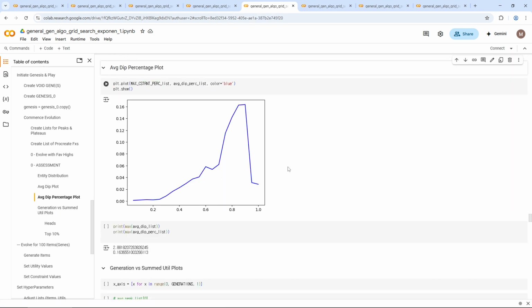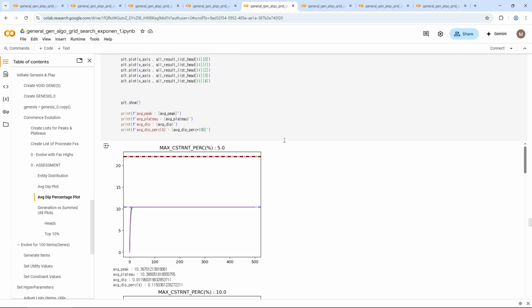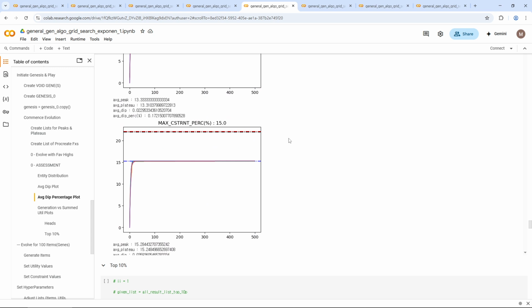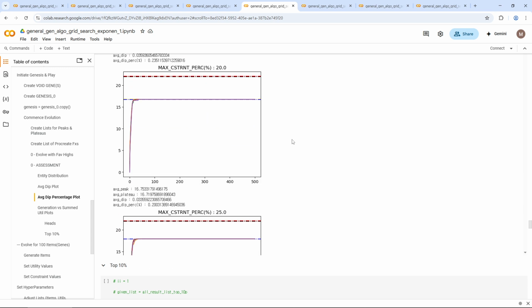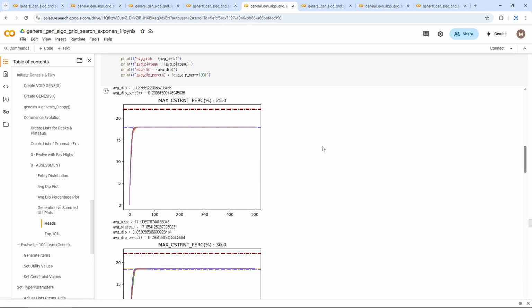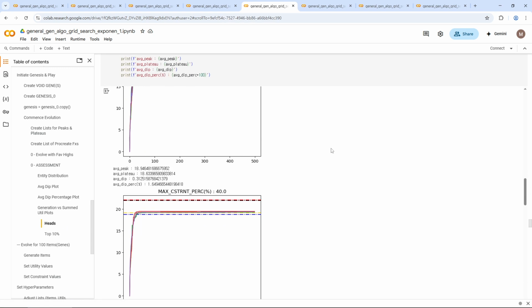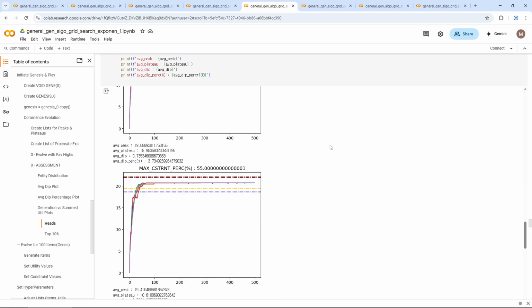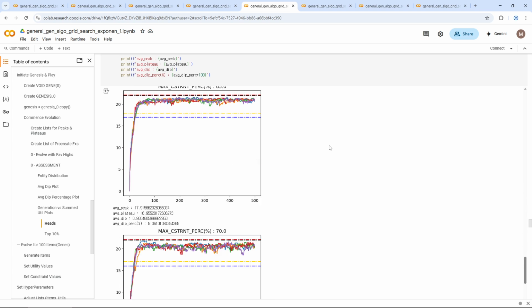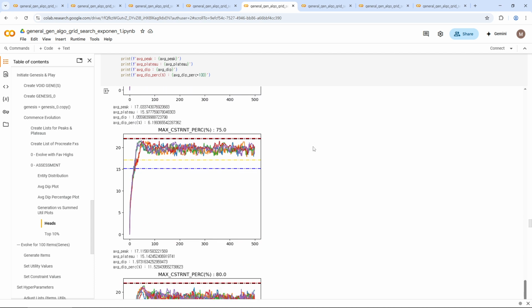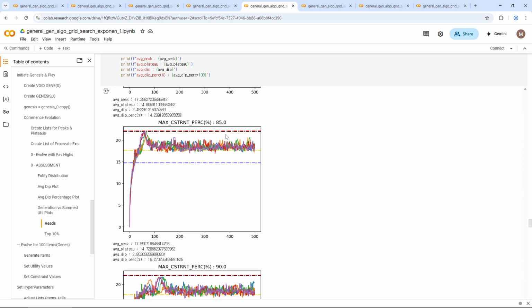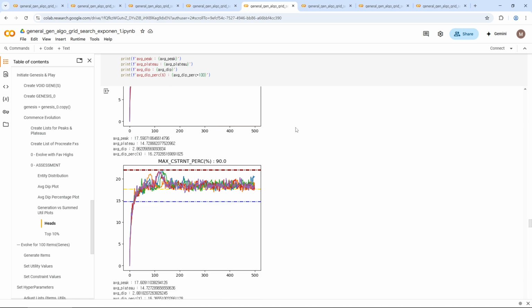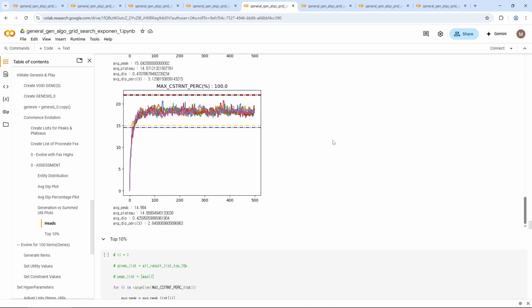Average dip percentage plot, as usual. So when do we hit the max ever? That is 21. At around, no, at 85% we hit it. So we'll go straight to 85.